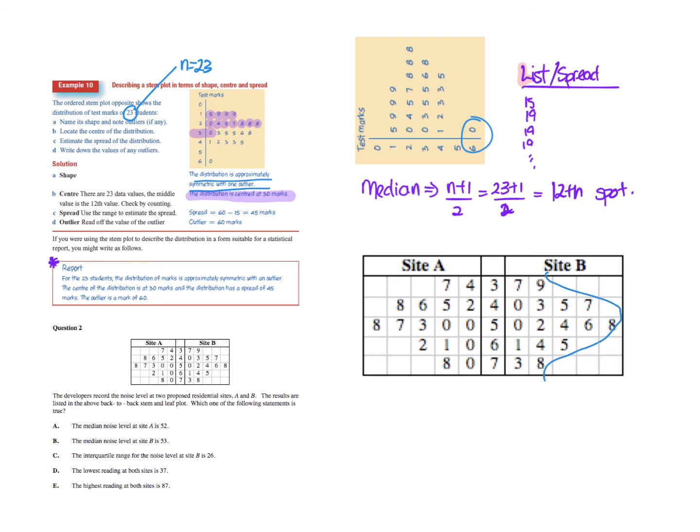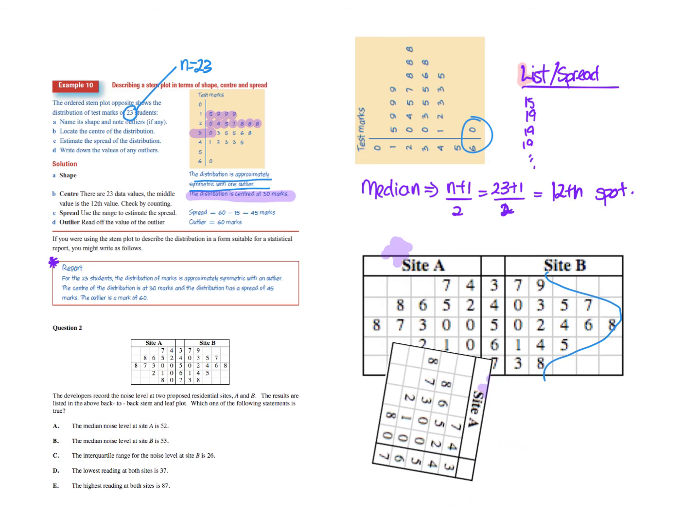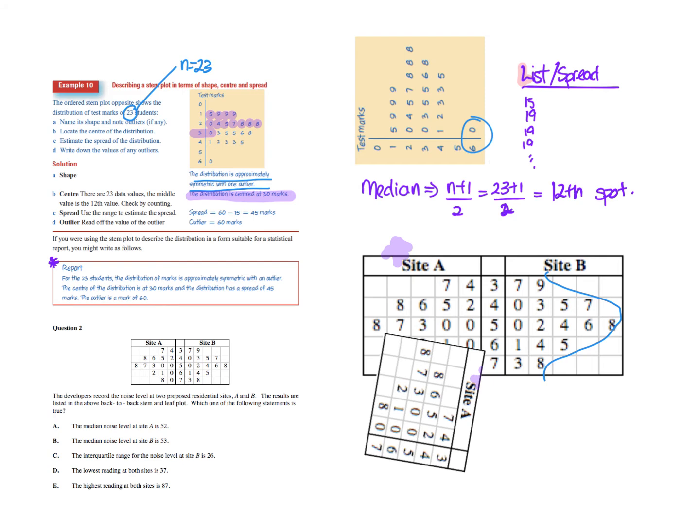What you have to be careful of, and please take note, is the left-hand side of a back-to-back stem and leaf plot. If I take this one and spin it round, can you see that the lowest number is actually here? So really it's the reverse.